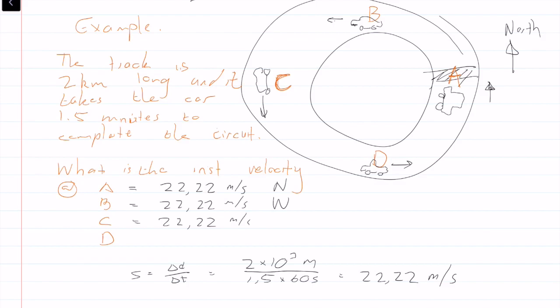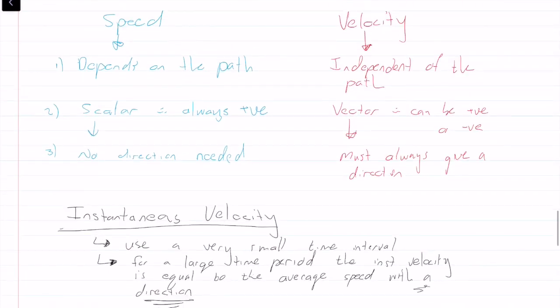If we draw a compass, we have north, south, east, west. If it's going downwards, which it will be, then the direction is south. And at D, our instantaneous velocity is 22.22 meters per second, going to the right, which would be east.